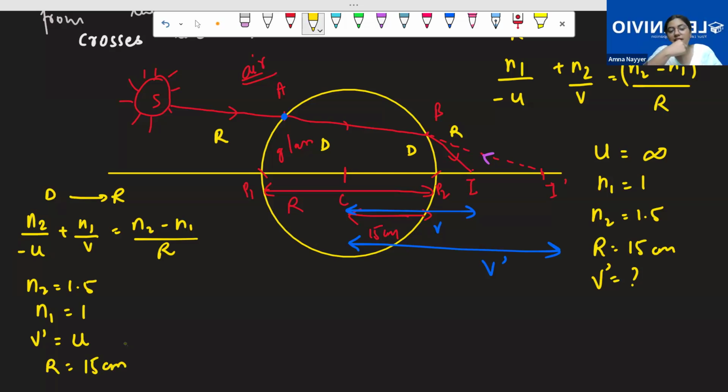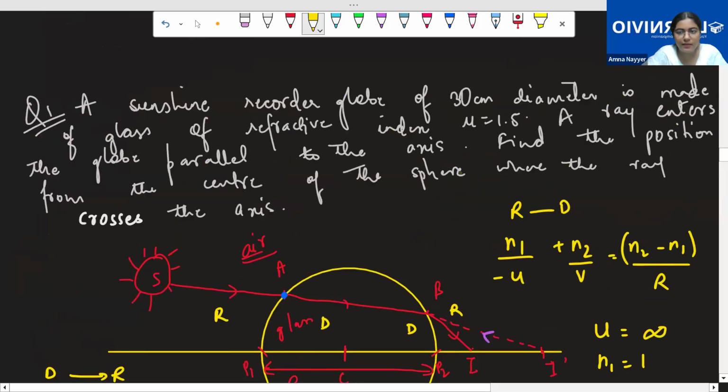So that you know your final answer will come in centimeter only. Whatever will be the V will be your final image distance. Got it? In fact, here this is giving you the virtual object. That is because it's not a real image that is formed. This is a virtual image for the first case and a virtual object for the second case. Calculations, I think you'll be able to do. Please copy this.